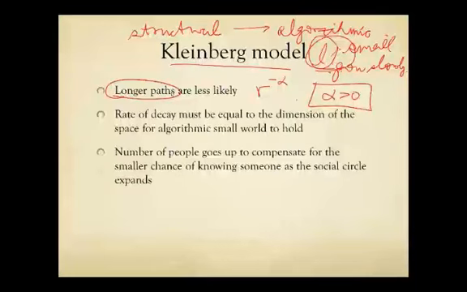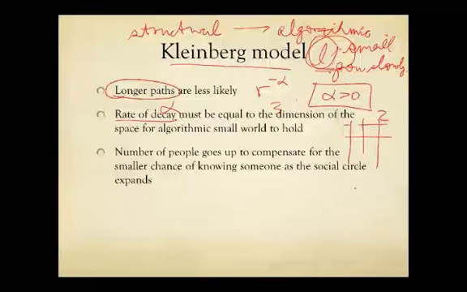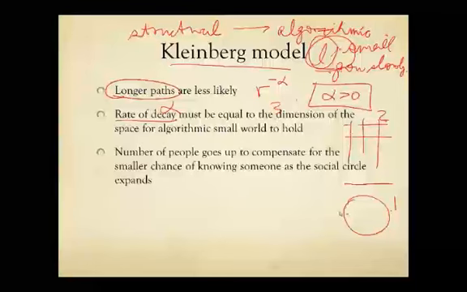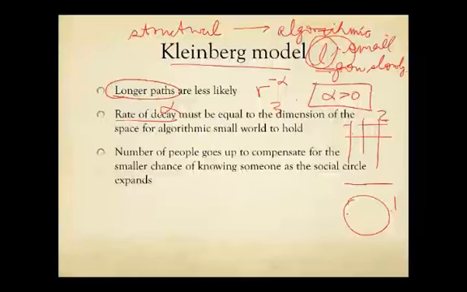And then it turns out that Kleinberg showed if this rate of decay, alpha, is exactly equal to the dimension of the space, for example, in our world 3 dimensions, in the world of, say, a grid, 2 dimensions, in the world of a line or a circle, 1 dimension, then if alpha is 3 or 2 or 1 in these 3 different cases, or in general, as long as alpha is exactly equal to the dimension of the space in which the network resides, then algorithmic small world will hold.